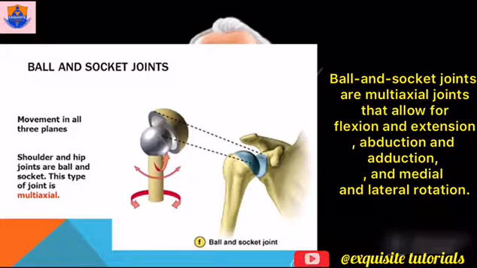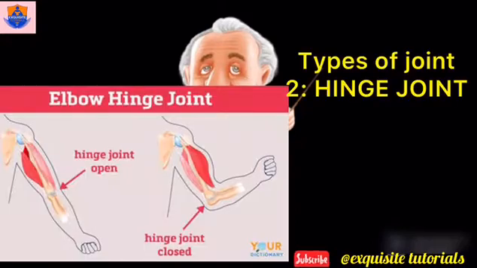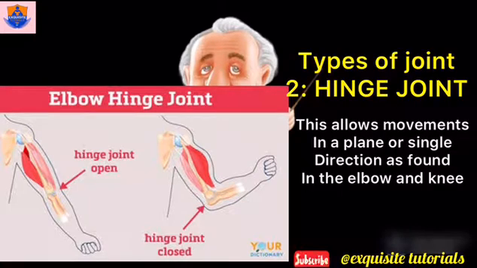Now we have another type of joint called the hinge joint. The hinge joint allows movement in a plane, or in a single direction, as found in the elbow and the knee.